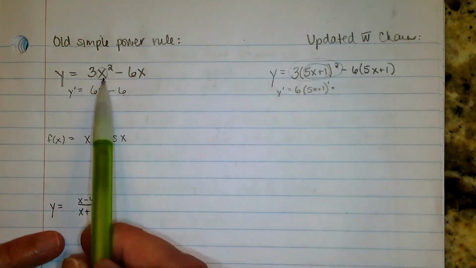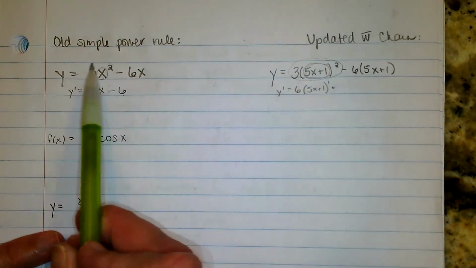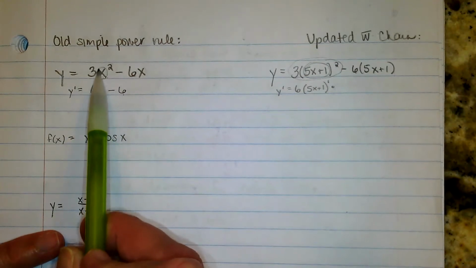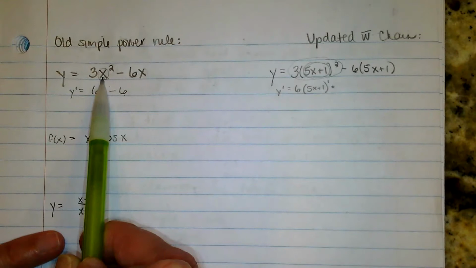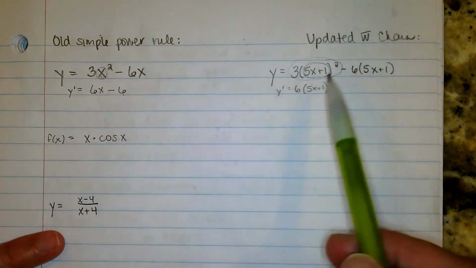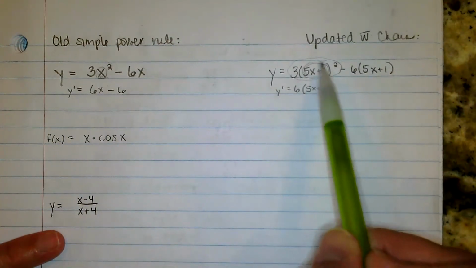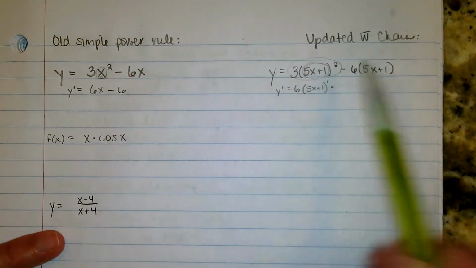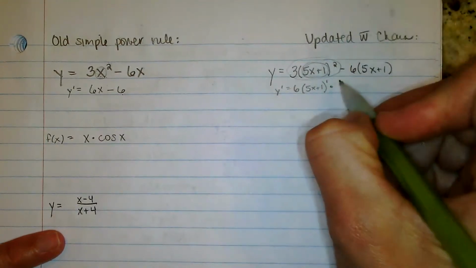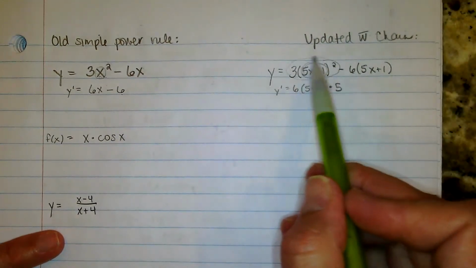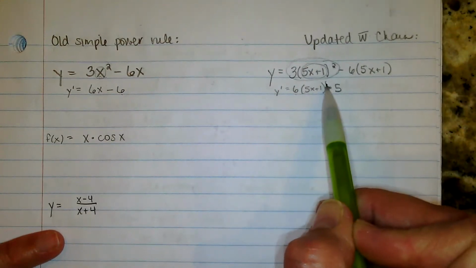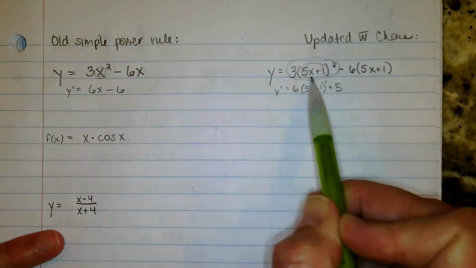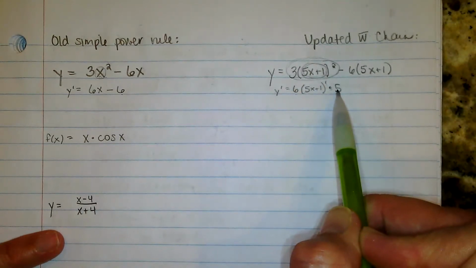You could see the earlier one as a quadratic function with a linear in it, technically, but that linear function just has a derivative of 1, so you don't really think about it as the chain rule. This one, the function that's linear within the function is 5x plus 1, which has a derivative of 5. So the derivative of the whole thing following the power rule is just 6 times this to the first times the derivative of that inner function, which puts a times 5 on it.